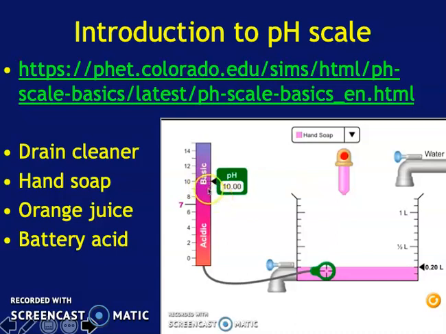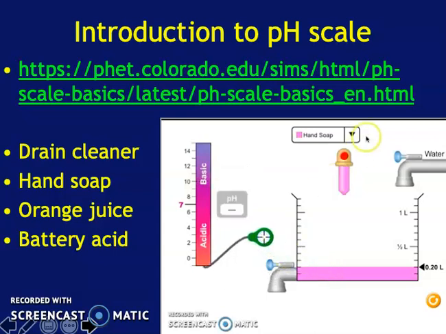So it's an okay base. It's not going to obviously damage your skin, which is great, and leave it scarred. And when we compare it to drain cleaner, which is a very, very strong base.